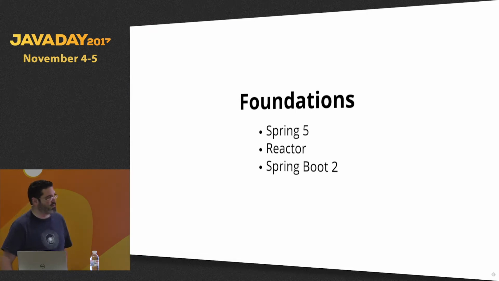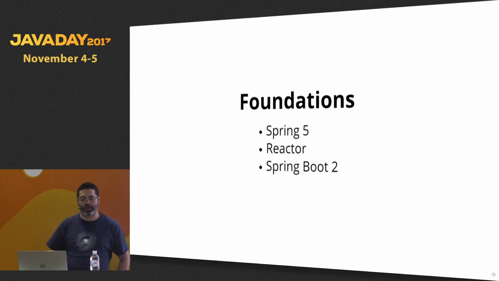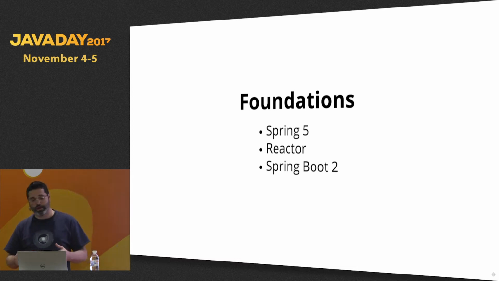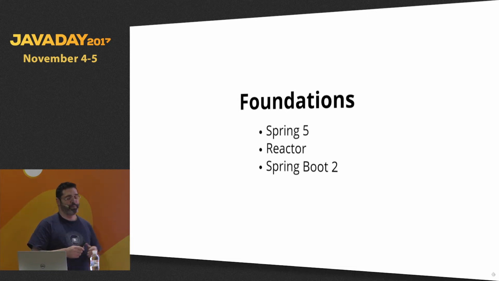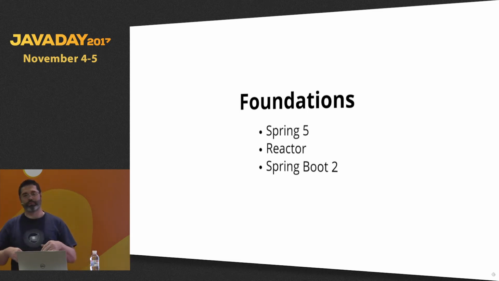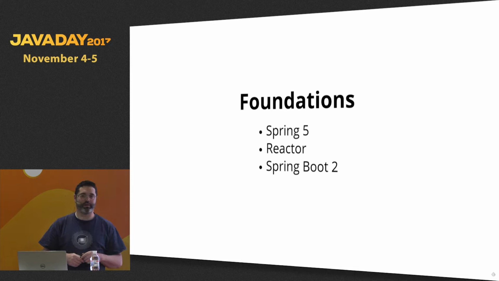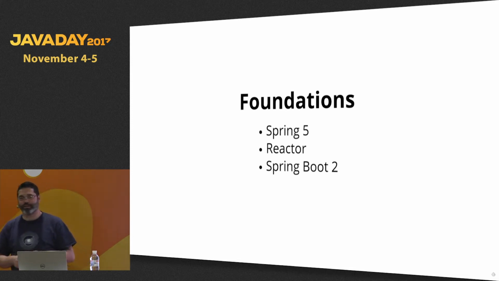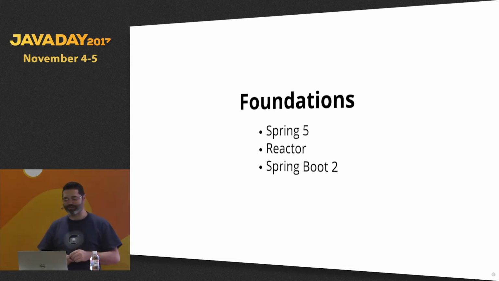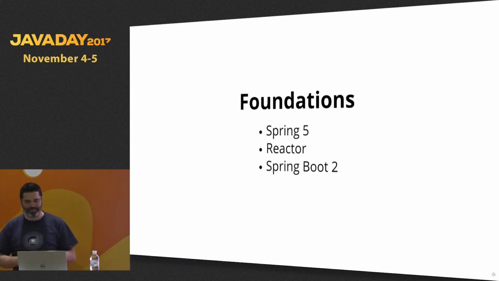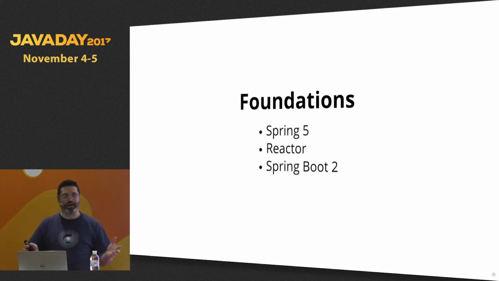So the foundations of the gateway are important and provide some interesting things. It's based on Spring 5, which levels up to Java 8. So that's a good thing. We get to use a more modern version of Java in the Spring projects, which is fun. It's built on Project Reactor, right?